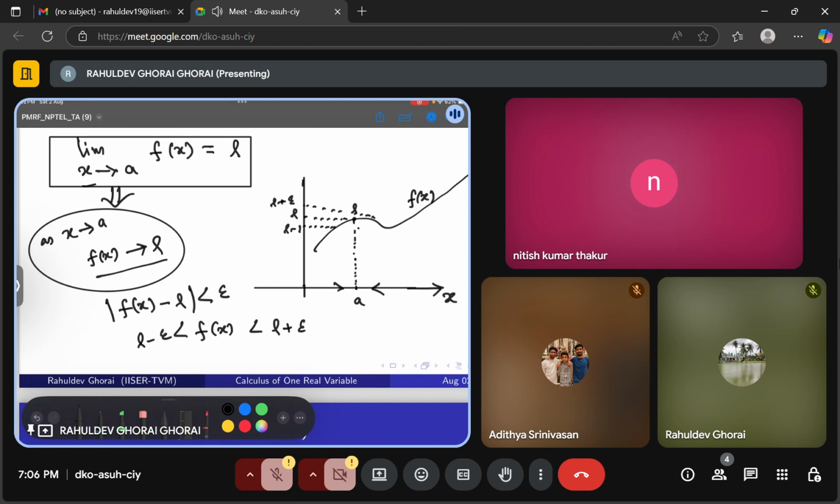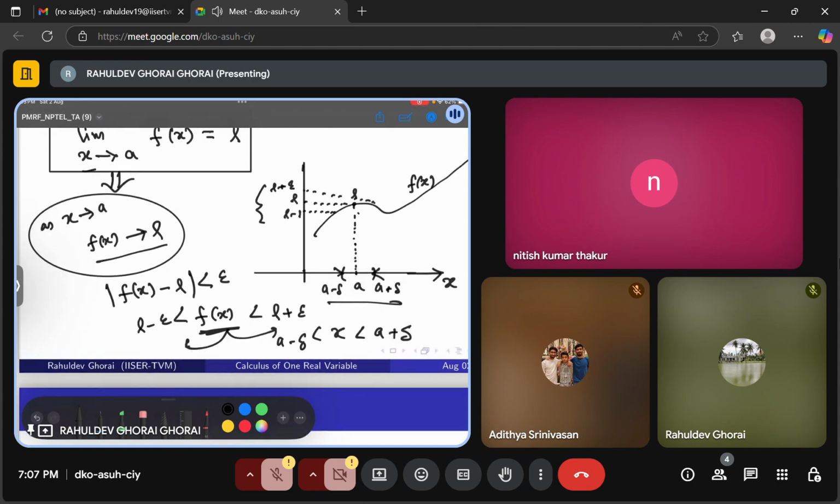So what you are saying is, for all epsilon, you will find a delta such that f(x) will lie in this interval when x is in the interval from a minus delta to a plus delta. So there will be a neighborhood, a minus delta and a plus delta. Whatever epsilon you give, no matter how small, f(x) will always be in the neighborhood of L as long as you have a neighborhood around A. That means it is approaching L, right?